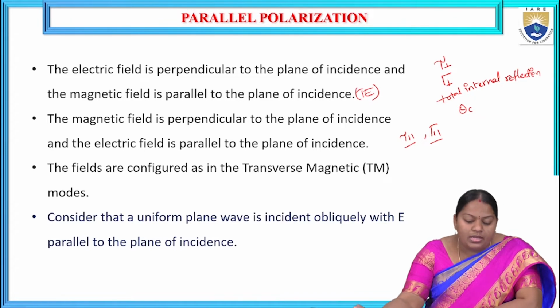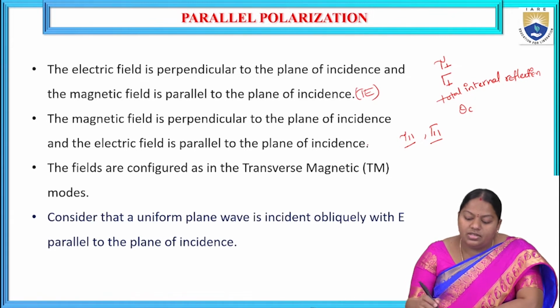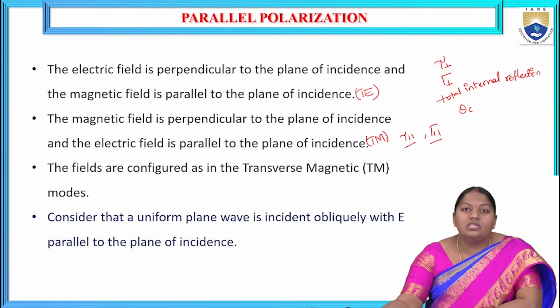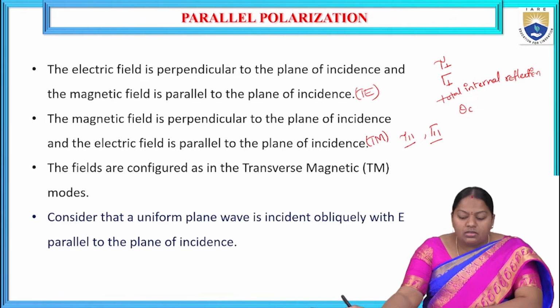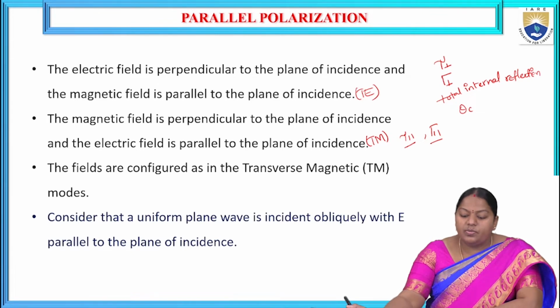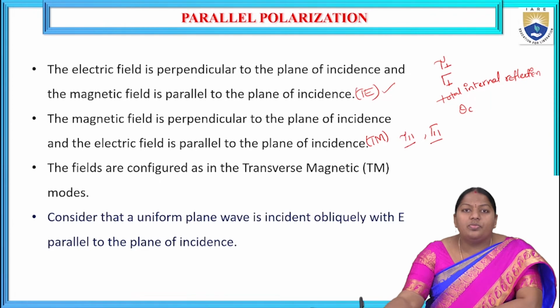If the magnetic field is perpendicular to the plane of incidence and the electric field is parallel to the plane of incidence, the waves are said to be TM waves, transverse magnetic waves. Two cases we have discussed. In the previous case, we discussed TE waves, where the type of polarization is perpendicular polarization, also said to be horizontal polarization.